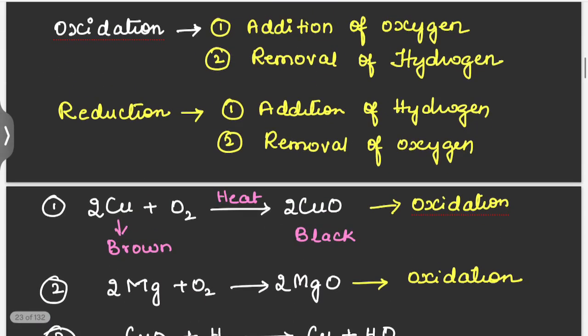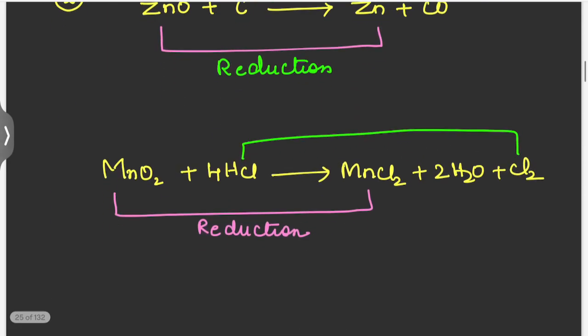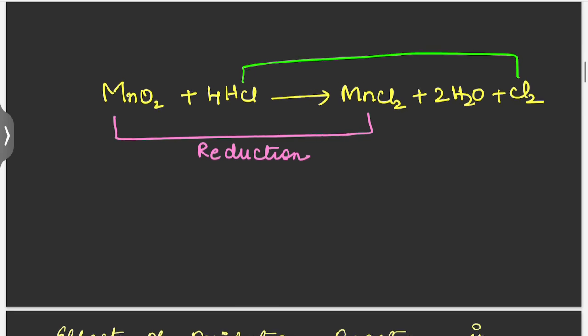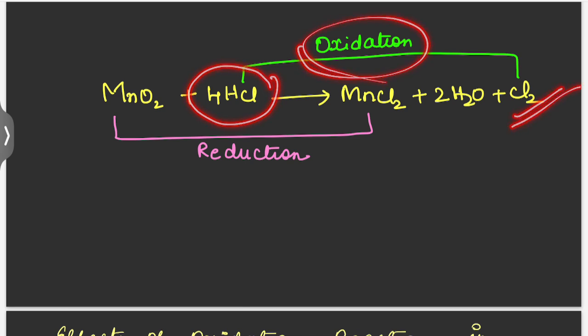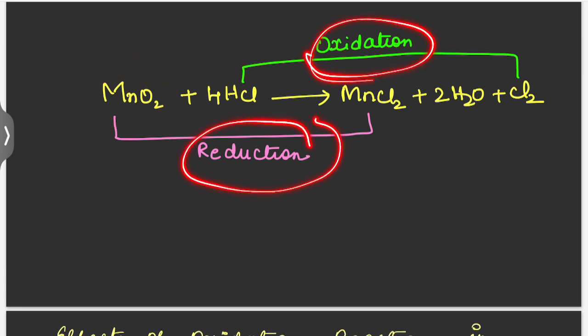See the definition here: removal of hydrogen is called oxidation. Therefore this is an oxidation reaction. So you can say HCl undergoes oxidation to form chlorine gas. This is how we find out whether a substance is undergoing oxidation or reduction.